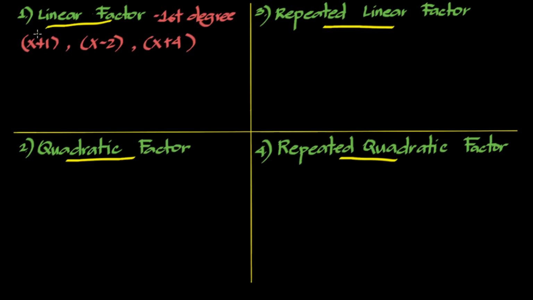Basta ano lang, nasa first degree siya. First degree sa loob, first degree sa labas. Yan, may mga imaginary number siya, which is yung 1. Ayan, yan yung example ng linear factor.